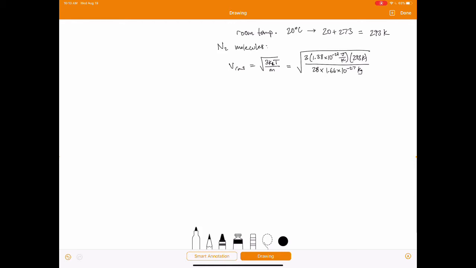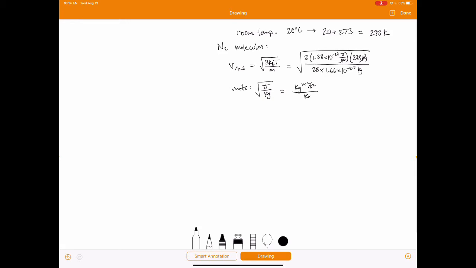And actually, let's just do a quick side note about the units. Kelvin, you see, will cancel out here, and we're left with the square root of joules divided by kilograms when we look at the units. But joules are equivalent to kilograms meters squared per second squared. That's how you break it down into the base SI units.